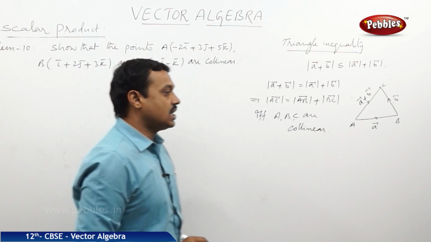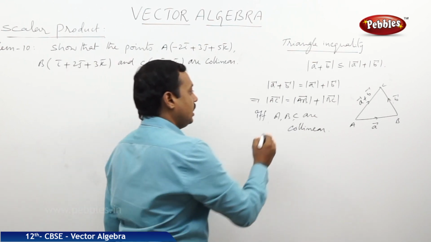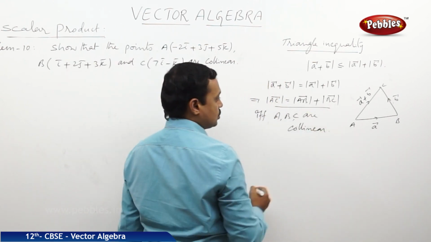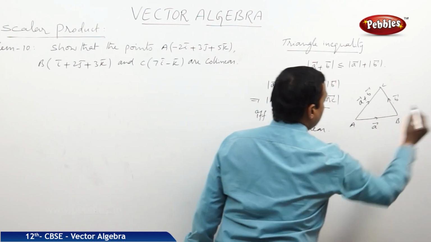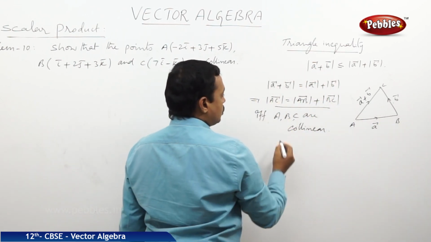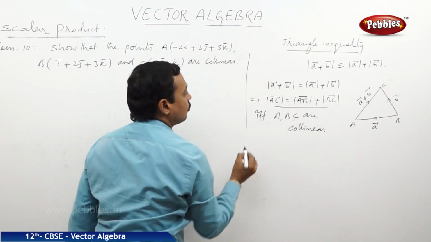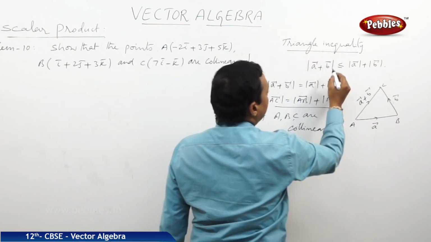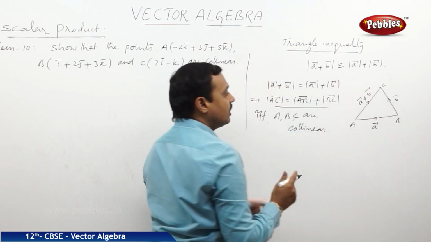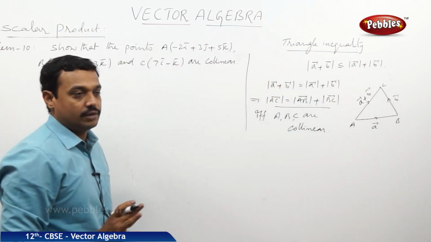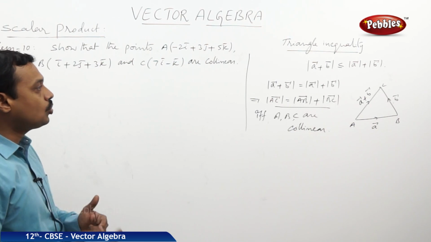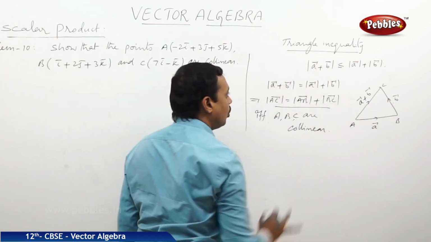If the 3 points A, B, C are collinear, then only this equality holds: AB plus BC becomes AC. So, this condition is possible when the 3 points are collinear. So, in the triangle inequality, equality holds when the given points are collinear. If they are non-collinear, then the inequality holds.